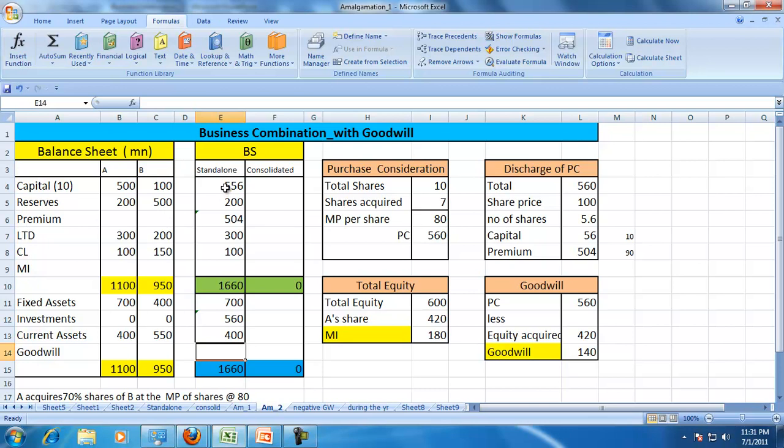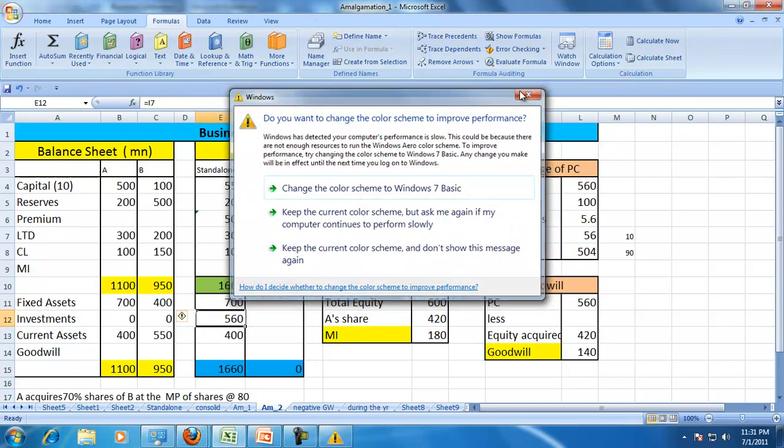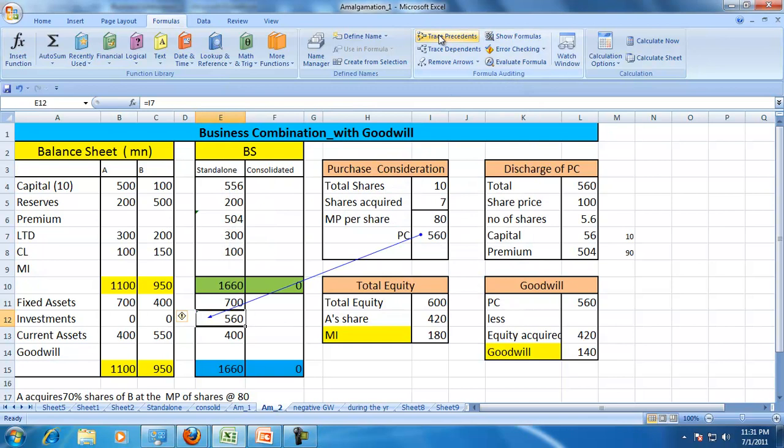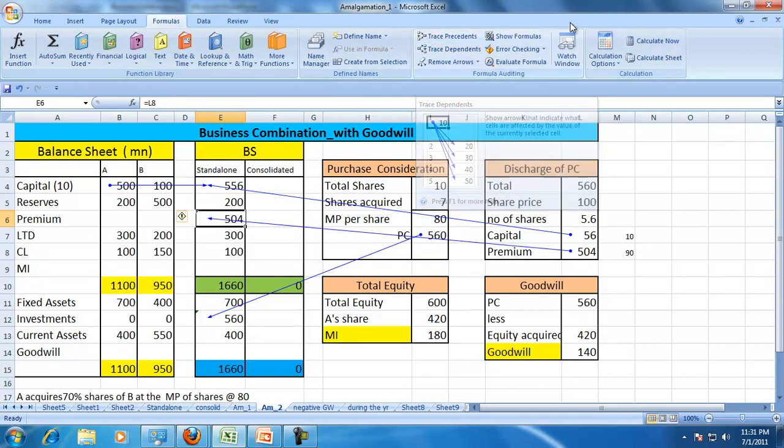So the standalone balance sheet will just show the investments and the capital. Investments will appear as the money you paid, and the capital will change depending on the purchase consideration discharge, which is through issue of shares at a premium. So be careful about it.